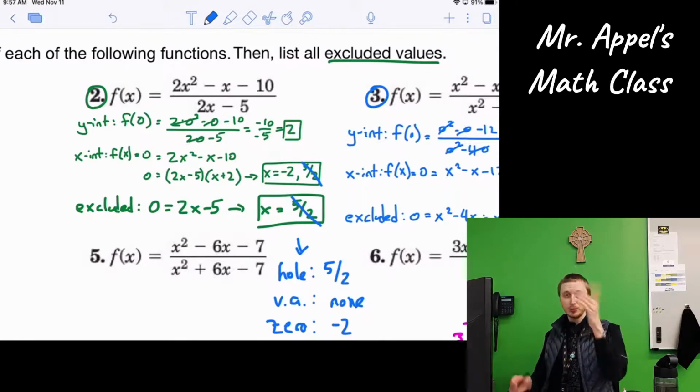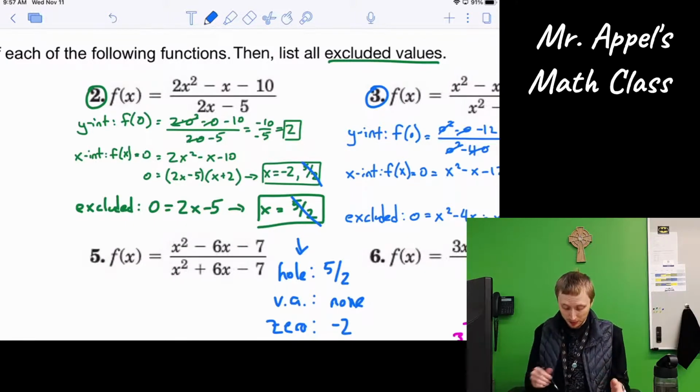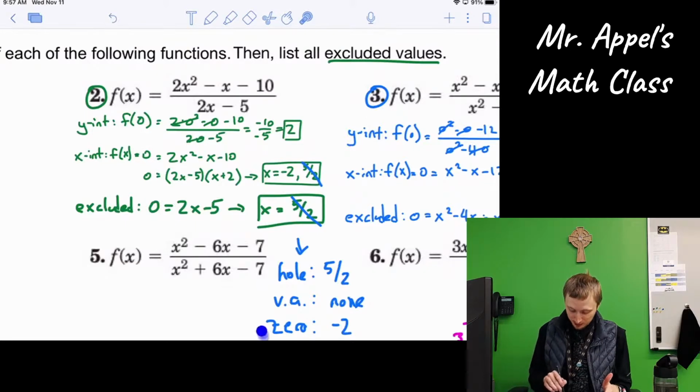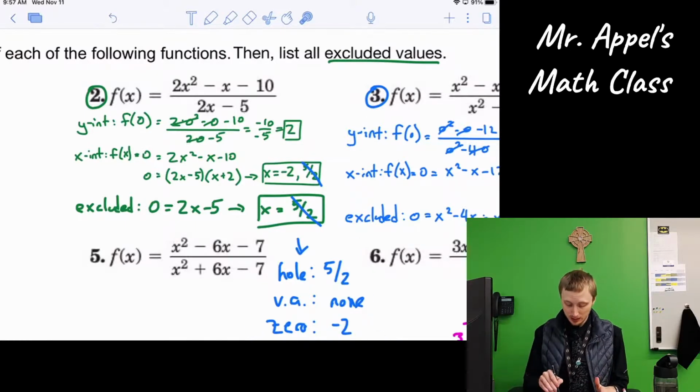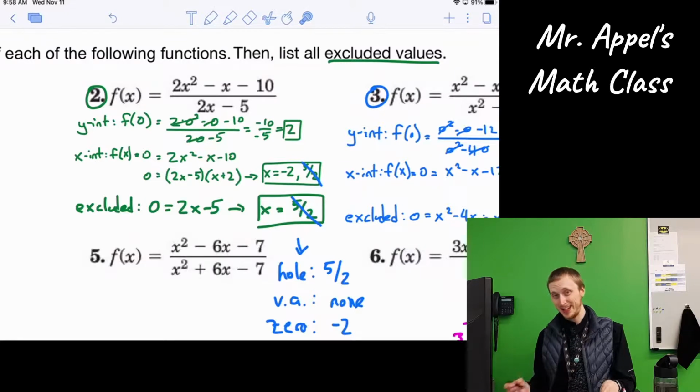Okay? So go through, double check all of those, and you should end up with that final list of features, including your y-intercept. That didn't change at all. And your holes, vertical asymptotes, and zeros.